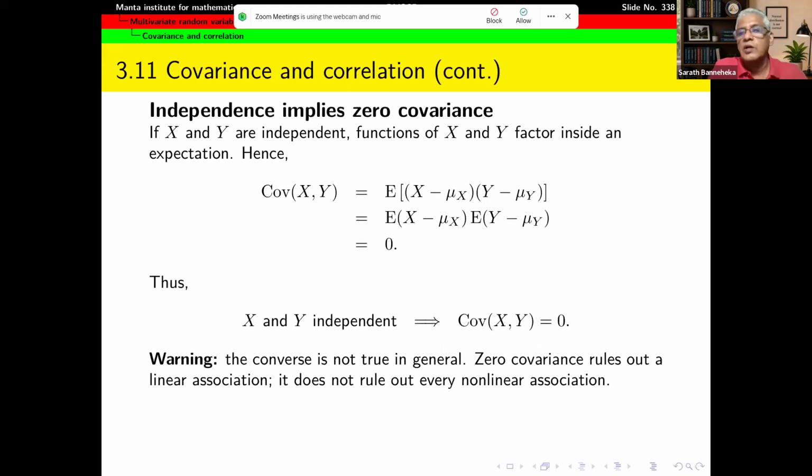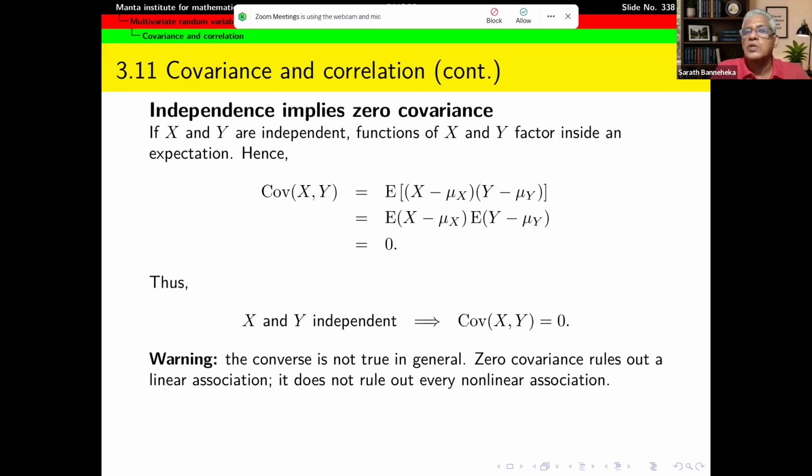Okay, so now we are coming to one important thing that we have to understand. If x and y are independent, then covariance between x and y is zero. But on the other hand, covariance between x and y equal to zero does not necessarily imply that the two random variables are independent. So recall, how do we define independence? There are several ways to define independence.